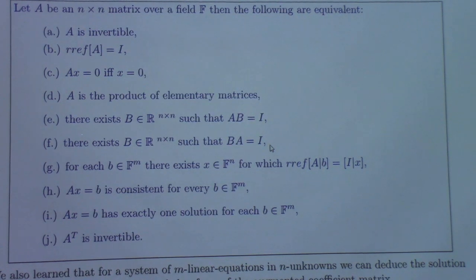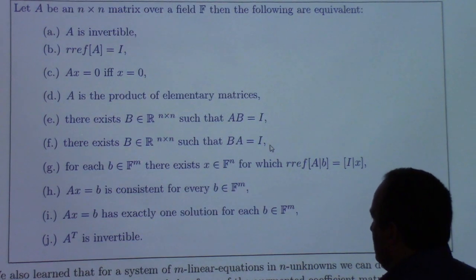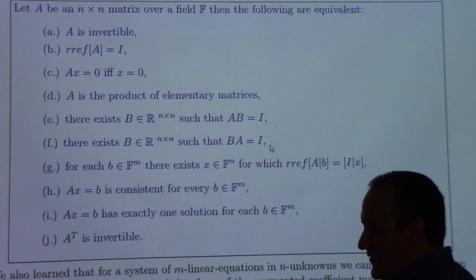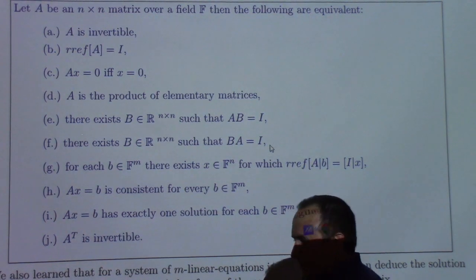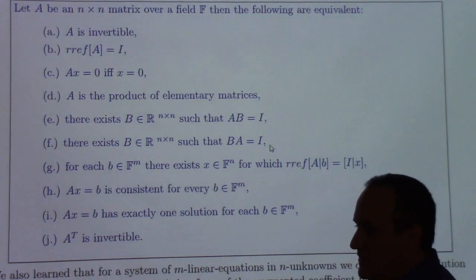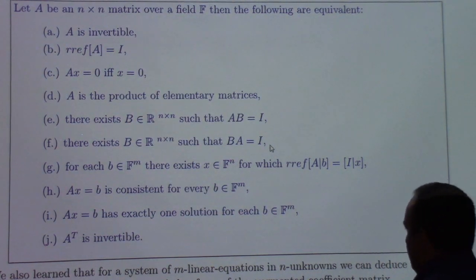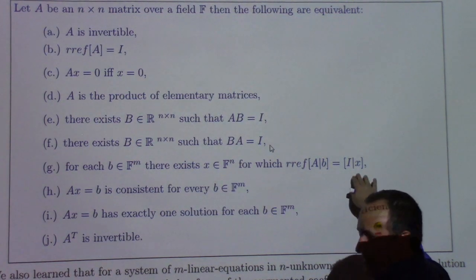The homogeneous equation has only the zero solution. A is a product of elementary matrices. It's got a left inverse, it's got a right inverse. This is interesting because that's certainly not the case for function composition. You can have a left but not a right inverse for function composition. Not the case with matrix inverse.